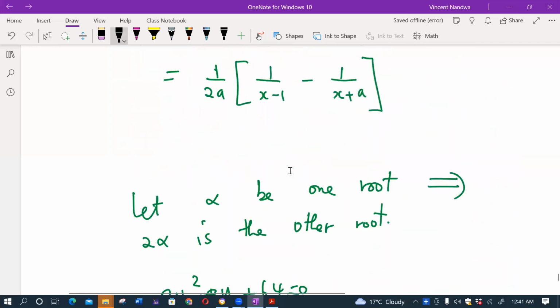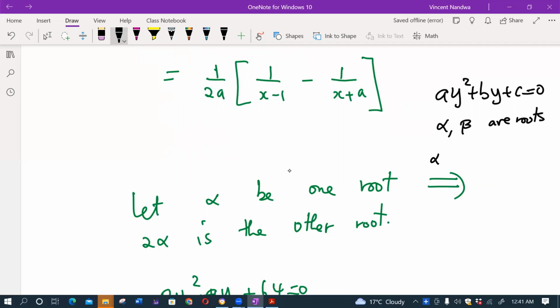Remember, what is happening here is that Vieta's identity says if I have ay squared plus by plus c equals 0, and alpha and beta are the roots of this equation, then alpha plus beta is negative b over a, and alpha times beta is c over a.